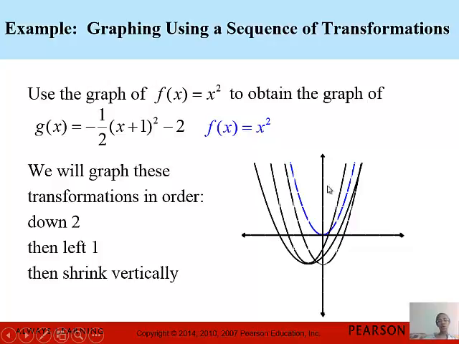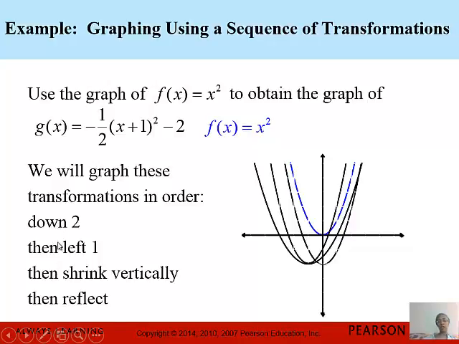And now the final transformation happens when we employ the effect of this negative sign, and that actually, remember, is a reflection. So we're going to take the graph that we've done these other 3 transformations to.